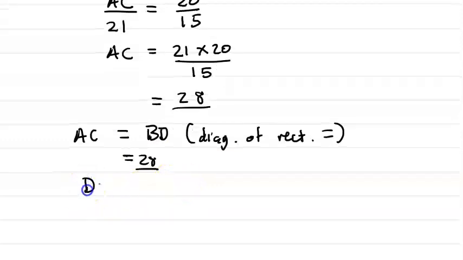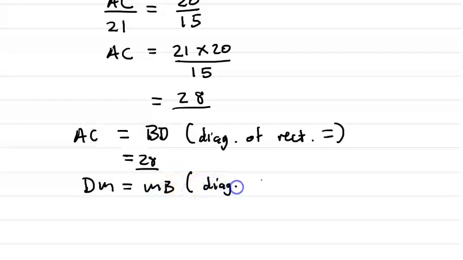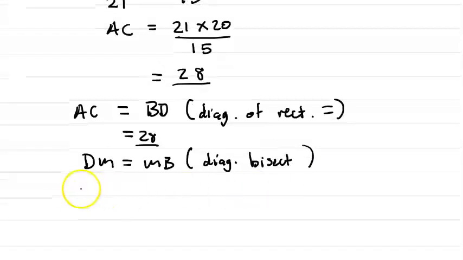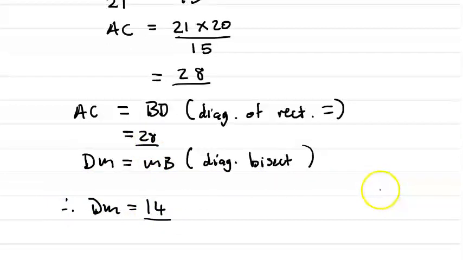And then we'll say that DM is equal to MB. And remember that the diagonals bisect each other. Therefore, DM is 28 over 2, which is going to equal 14. And learners, that's our solution.